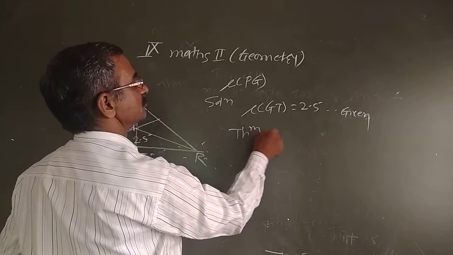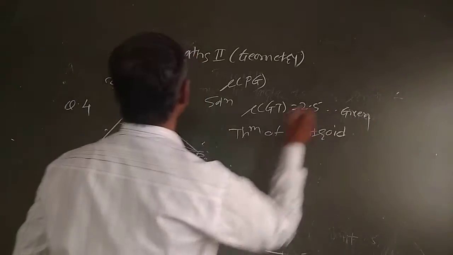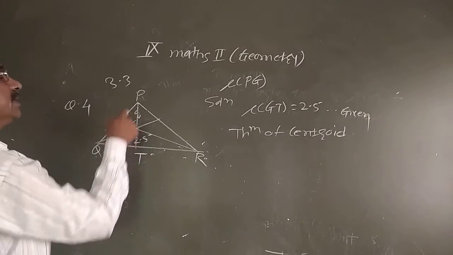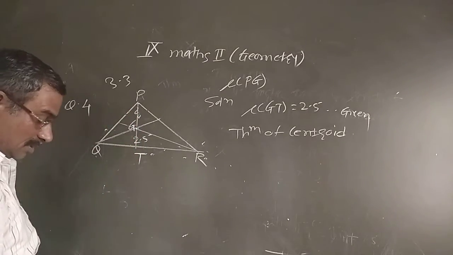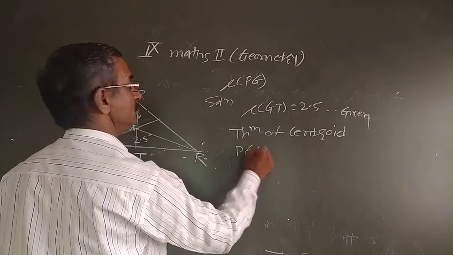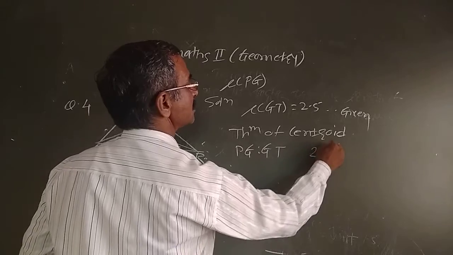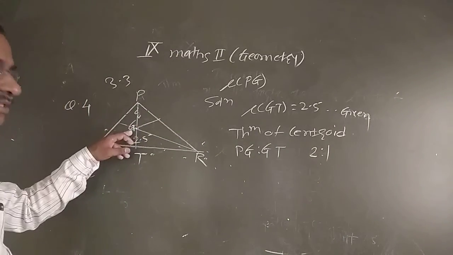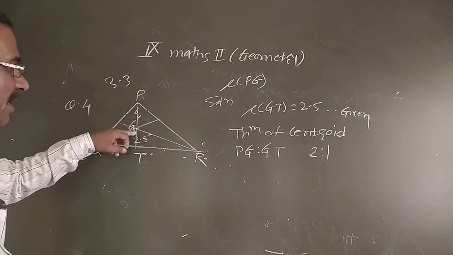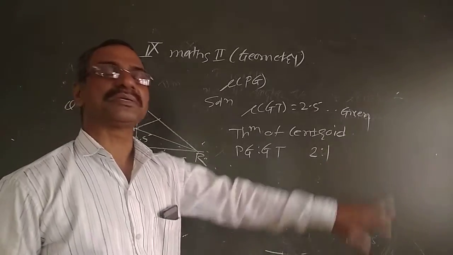What does it tell? At the point of concurrence, the medians divide each other in the proportion 2:1, meaning PG to GT is 2:1.